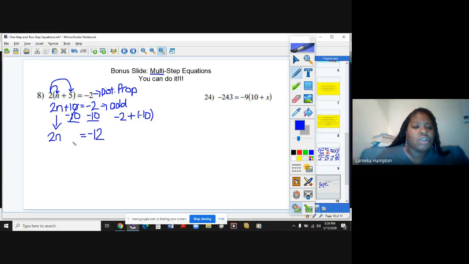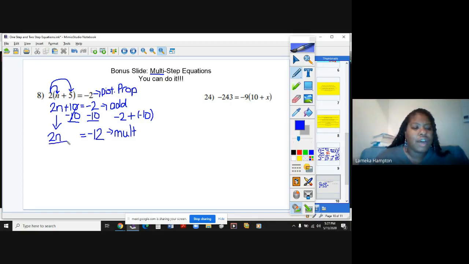All right. So now I have a multiplication problem here because, again, I have a coefficient or number multiplied or put together with a letter and it's equaling an integer. So that is multiplication. Because that is multiplication, I'm going to do the opposite, which is divide.